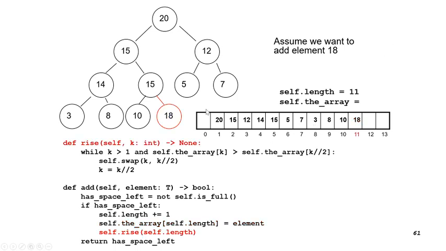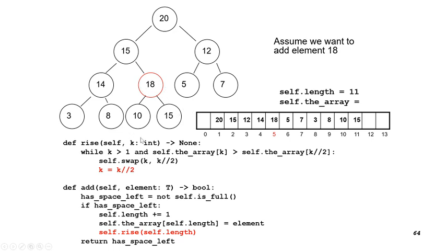So that means we need to rise and keep calling this. We've done this in a loop, but you could do it recursively as well if you wanted to. The idea is we keep rising up until it's in its correct position. So in this example, it's not at the root node yet, and it's still greater than its parent. So we're going to swap the elements, and then divide k by 2.